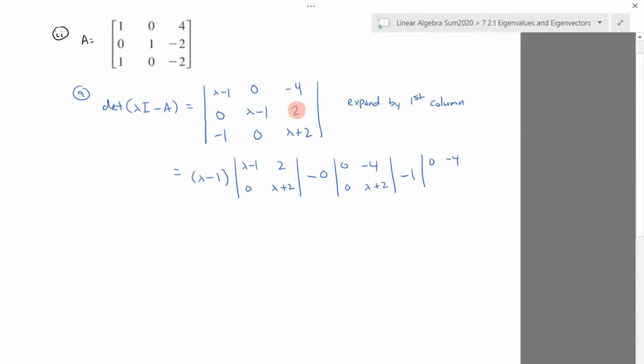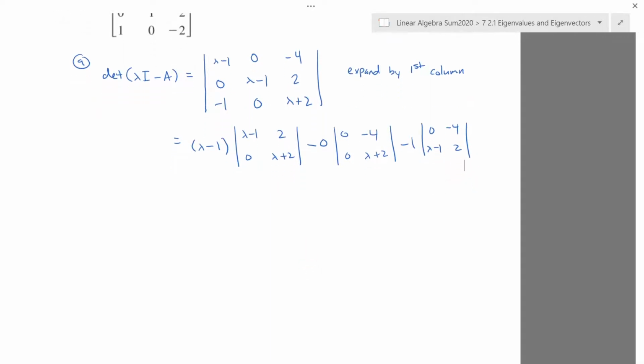Okay, so this is all 0, so that cancels out, and now I need to multiply this out. So we have lambda minus 1, AD minus BC. Well, this is a 0, right? So it's this times this. So let's just FOIL it out real quick, right? So lambda squared minus lambda plus 2 lambda is plus lambda, and minus 1 times 2 is minus 2.